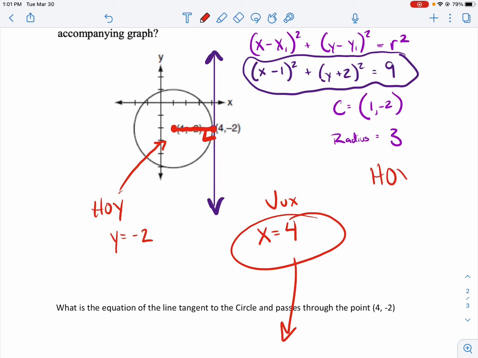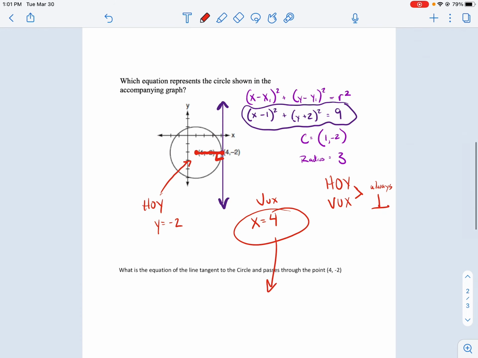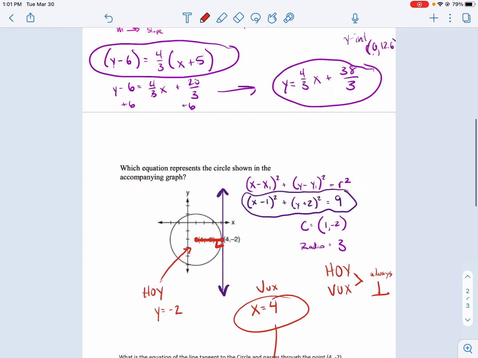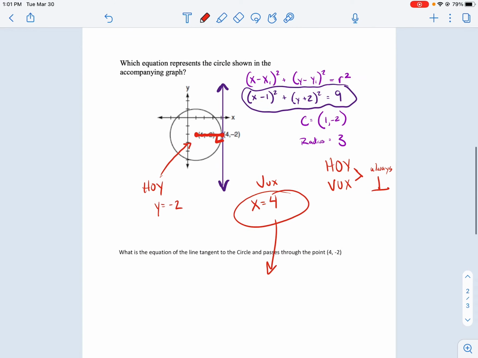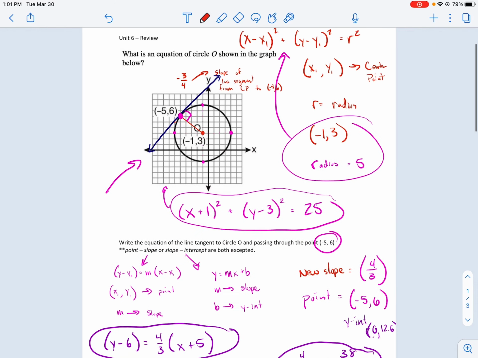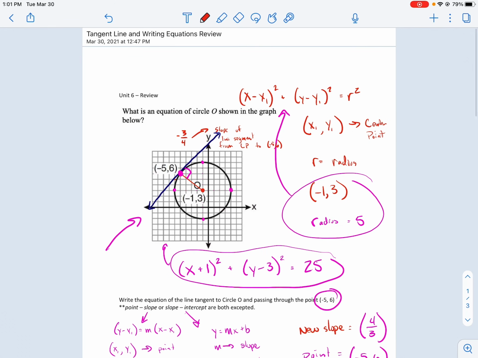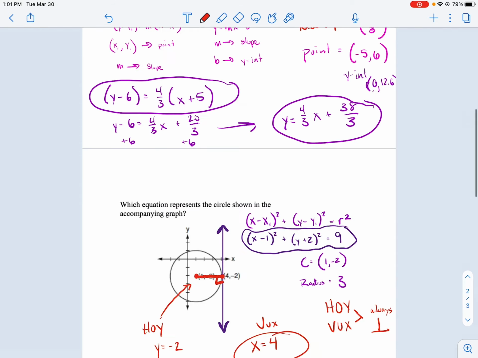Remember, horizontal and vertical lines are always perpendicular to one another. One's horizontal, one's vertical. And so that's what your unit quest, when you guys return, will look something very similar to. So hopefully this helps.